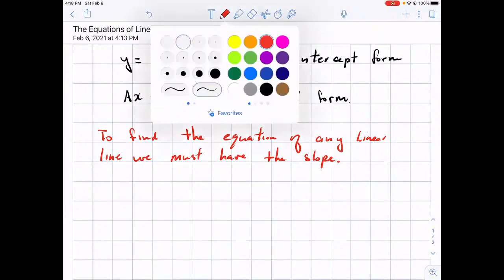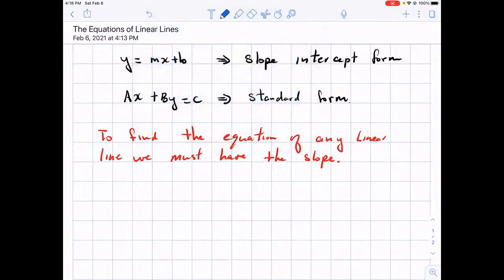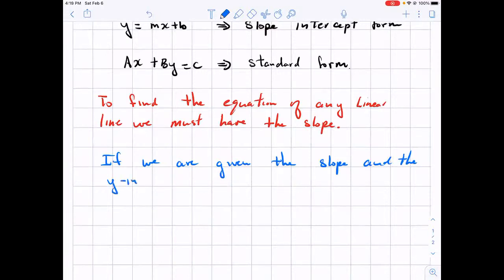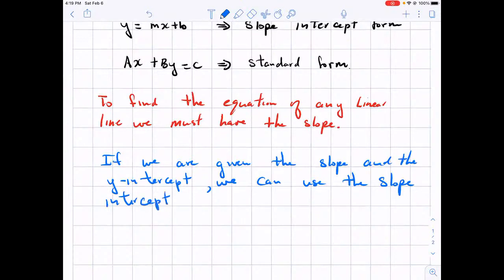Now, if we're given the slope and the y-intercept, then we can use the slope-intercept form of the equation, if you want to call it the formula.